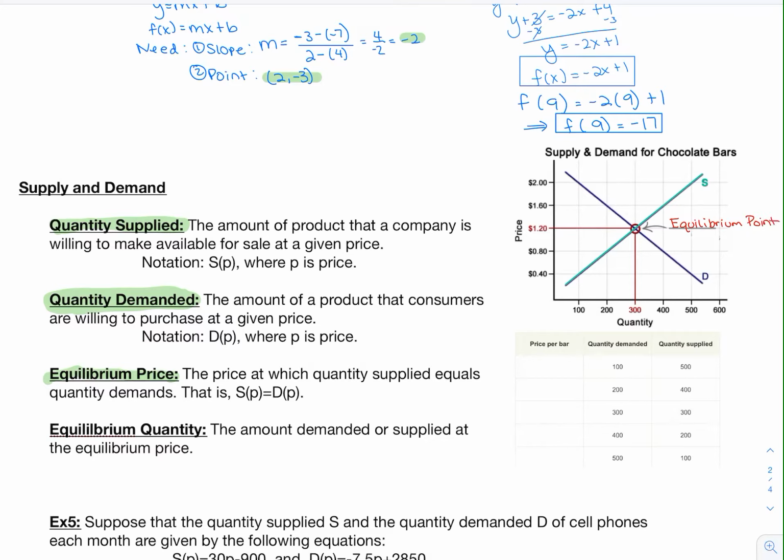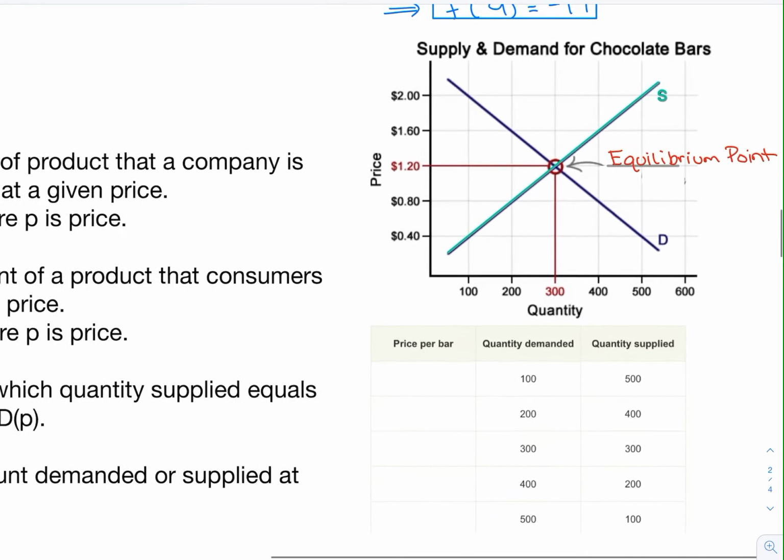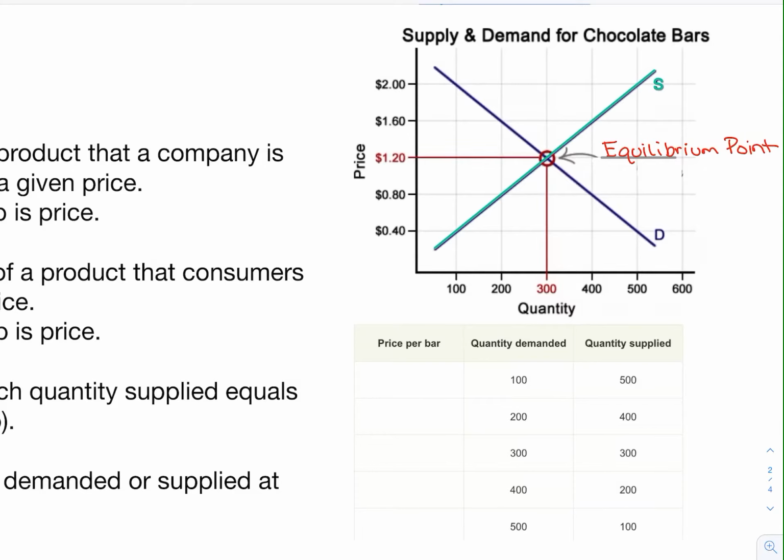And that's actually where we all are happy and we all compromise, the consumer and the supplier. I'm going to show you how to read this graph. So I'm going to focus on this graph. I'm going to zoom in.